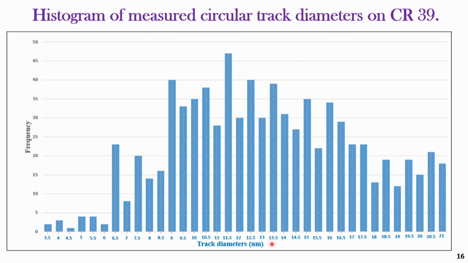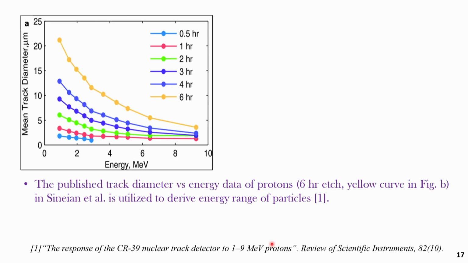In order to pull out the energies from these measured track diameters, we use the published track diameter versus energy data of protons. This yellow curve is for a 6-hour etch. We used the same CR39 which this group has used, and we kept the etching parameters similar to what they have done.